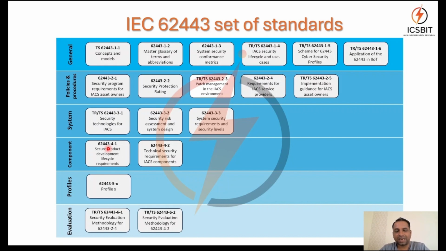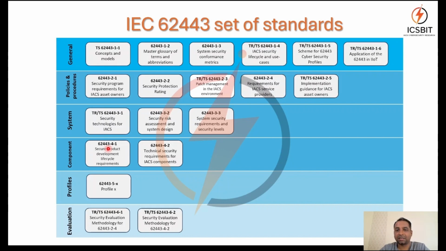But a very interesting part of the 62443 standard is it is growing at a pace which we have not seen in the past couple of years. Like profiles, if you check 62443 5-X, that means 5-1, 5-2, likewise it will evolve. And presently the discussion is going on to create 62443 5-1, which specifically talks about profiling electrical utilities.